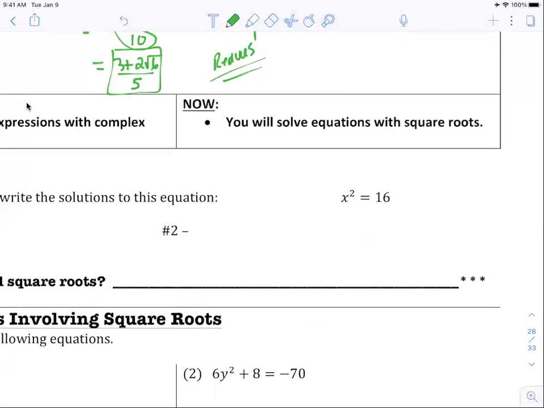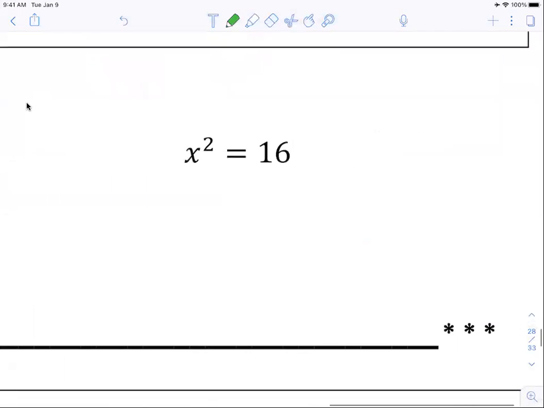If you'll remember from Algebra 1, there is a process that we used to go about undoing squared. Obviously, solving by factoring is when there's something like x squared plus 3x minus 7 equals 0. We use factoring when there's a squared term and a term that's being raised to the first.